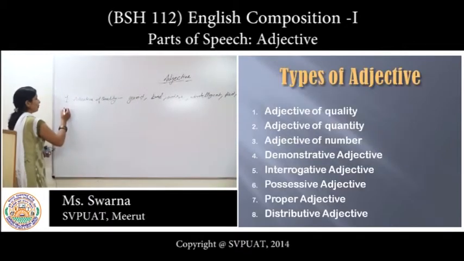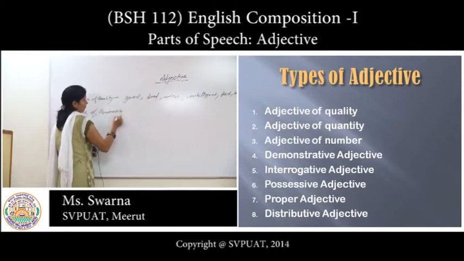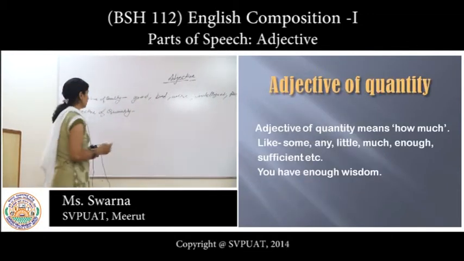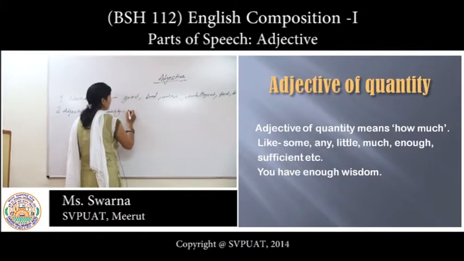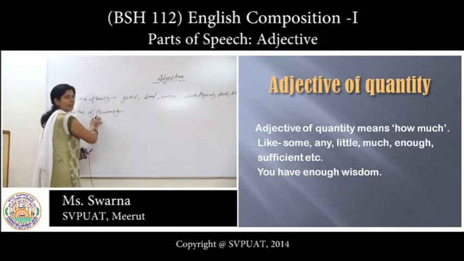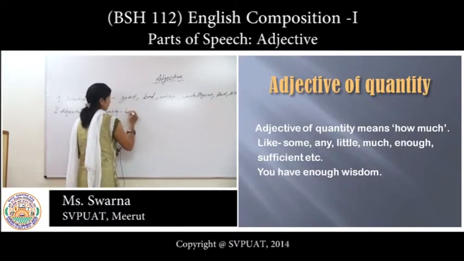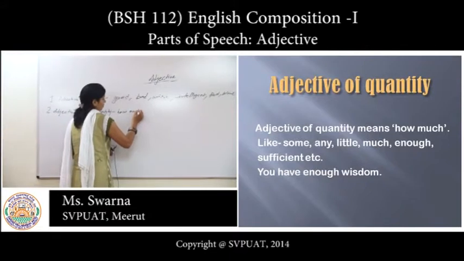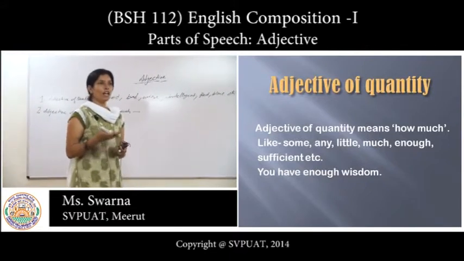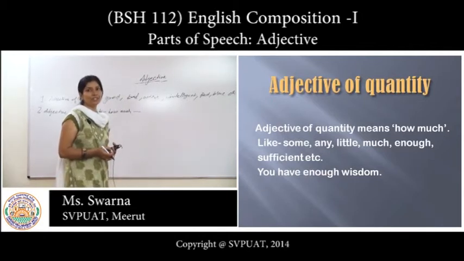And the second type of adjective is adjective of quantity. Quantity means how much. The noun or pronoun which is uncountable, that denotes the quantity, is adjective of quantity. We mostly use words like some, little, much, enough, sufficient.